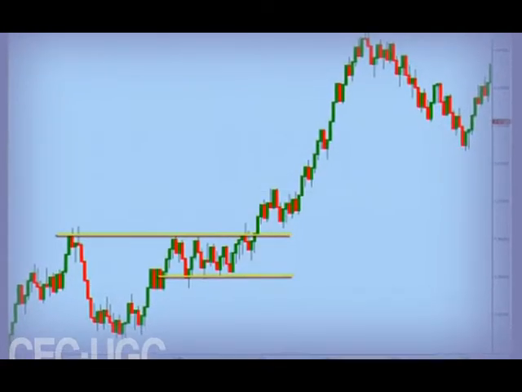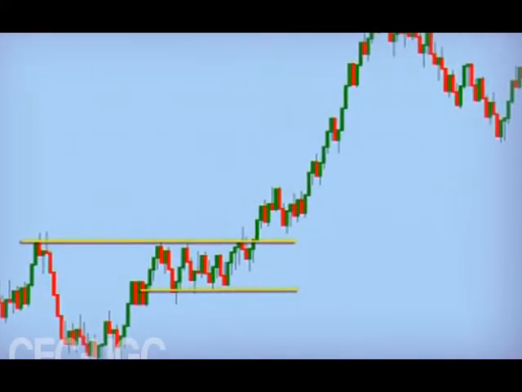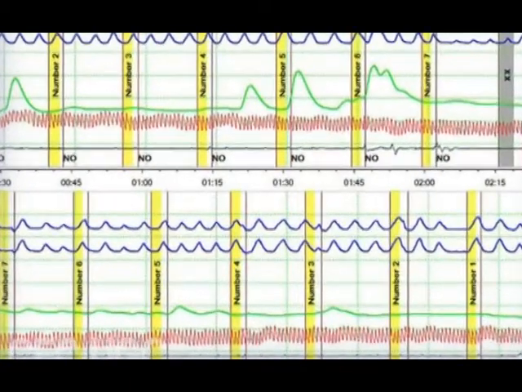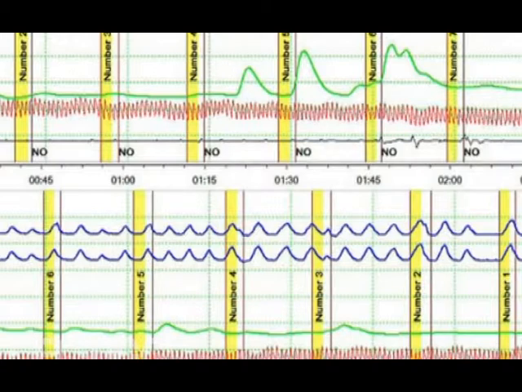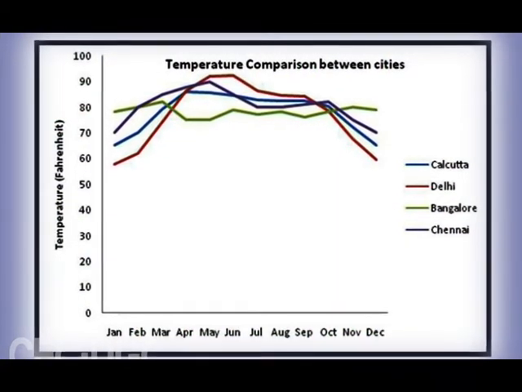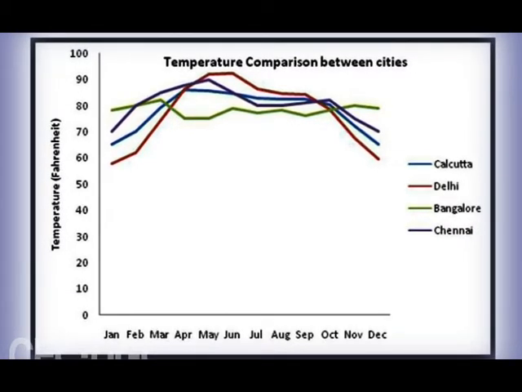On the other hand, when recourse is taken to a series of multiple line graphs for various stations on the same chart for the sake of comparison, it is called a polygraph. For instance, we can prepare a polygraph of mean monthly temperatures of the undernoted stations as given in the graph.